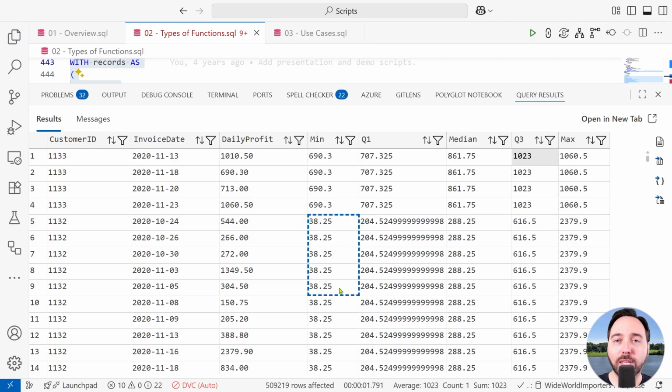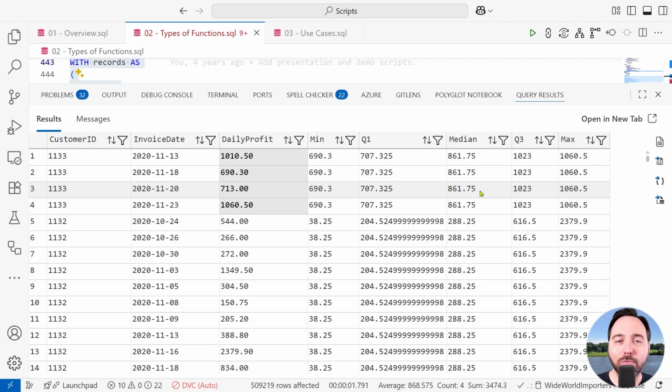But one important thing to note is that there are no records for customer ID 1133 with a dollar amount of $861.75, nor $707.33 or $1,023. Because we only have 4 records, the median is the midpoint between the second and third largest records, and the 25th and 75th percentiles similarly will also be midpoints between records.